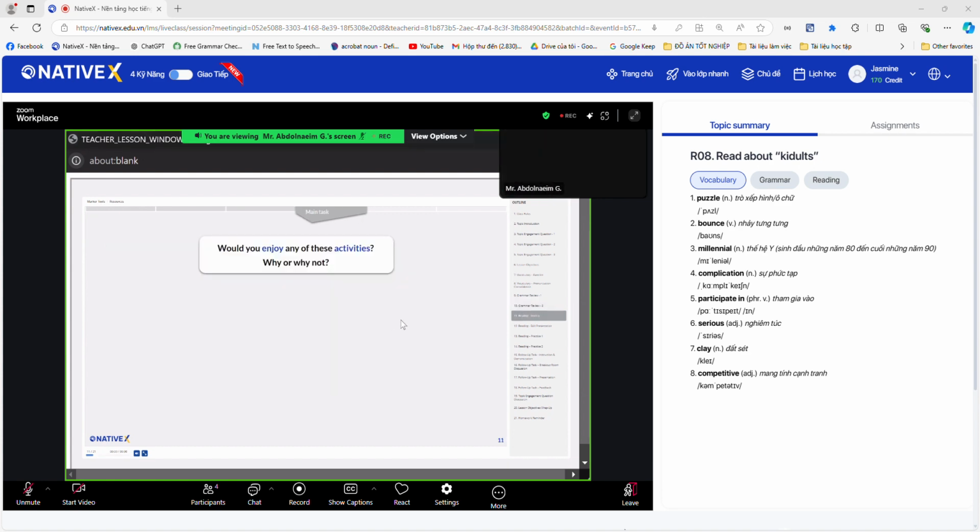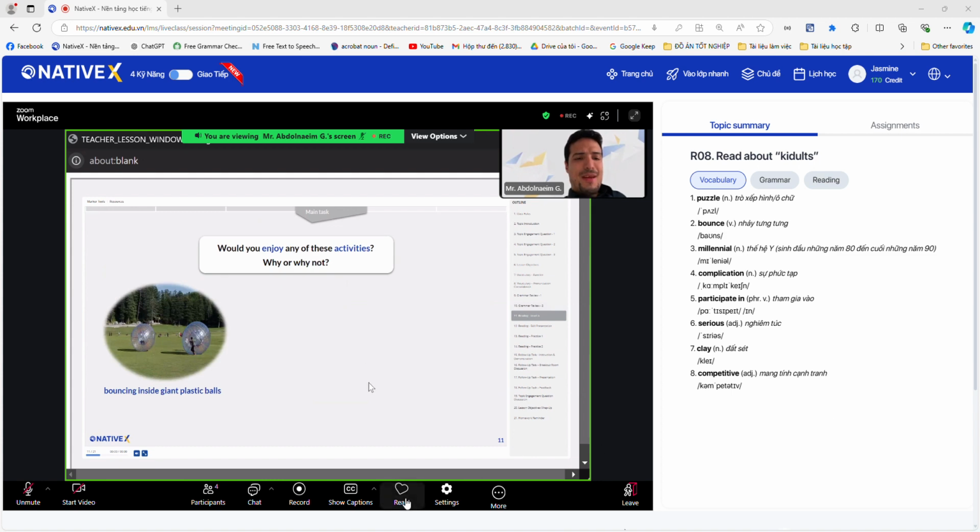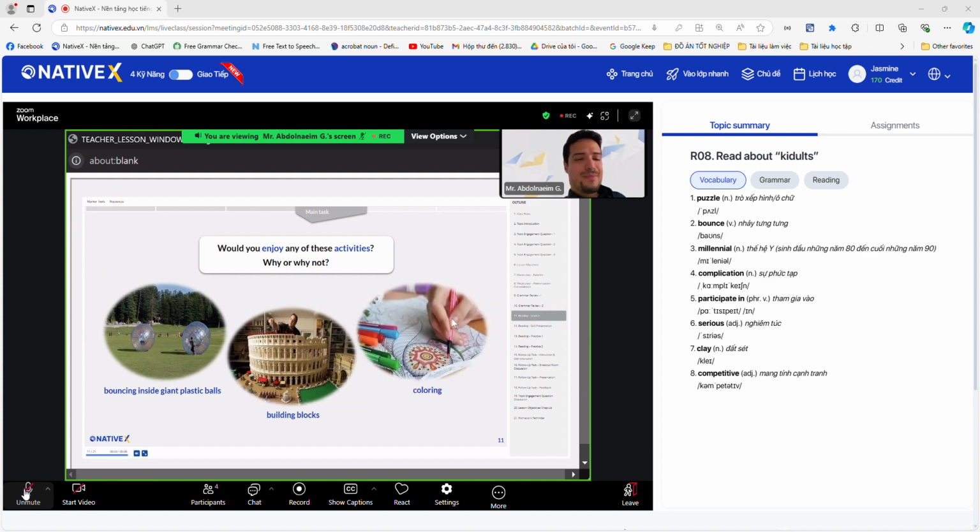Jasmine, would you enjoy any of these activities? Bouncing inside giant plastic balls, or building blocks, or coloring? In three activities, I have just tried coloring. So would you enjoy these activities?